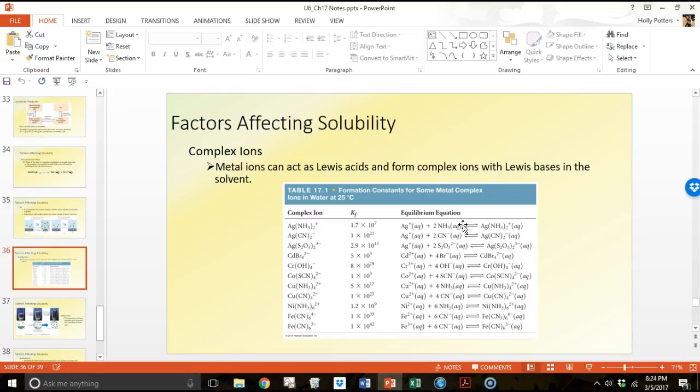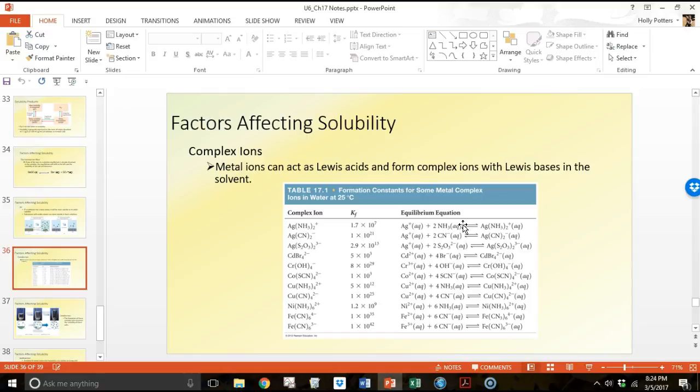So it's a charged group. It's usually a Lewis base that is sticking to positive ions. It's not always a positive ion overall, but the group is charged overall, so that's why it's still an ion, but it's complex because it's not as simple as even other polyatomic ions we've seen.